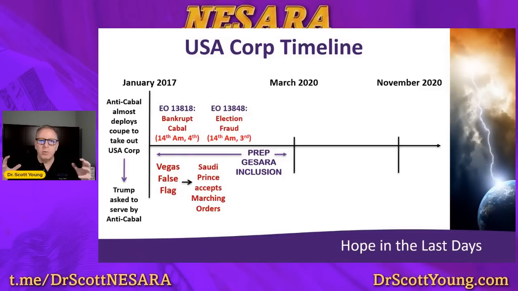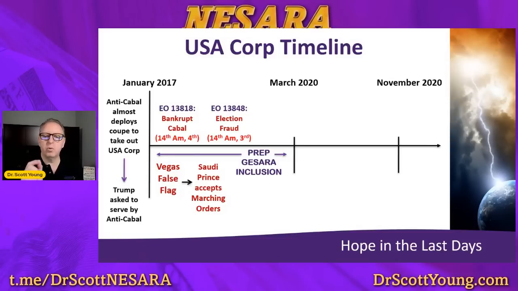So that's why we had GESARA, or global issues. So each of the nations would have a decentralized currency. So Great Britain will have her own currency, and Canada will have her own currency, and Mexico will have her own currency, and South Africa will have her own currency and have her debt wiped out and have all the good things available to her own people. But they're also going to be taking out their own part of the cabal with this.